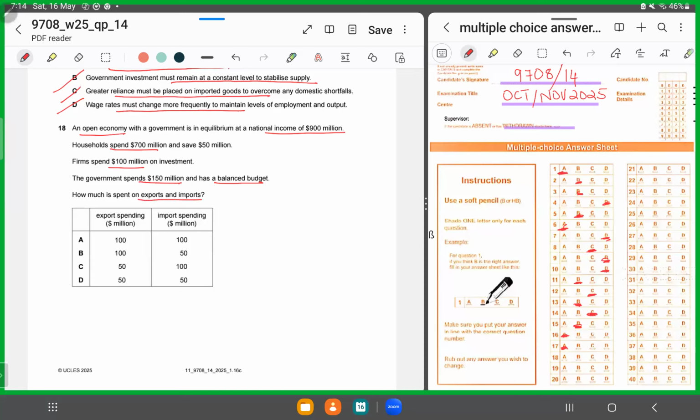So what we will do is we'll say national income is equal to C plus I plus G plus exports minus imports. So we'll write in 700 plus 100 plus 150 plus X minus M, right? So now what happens? This has to be 950.